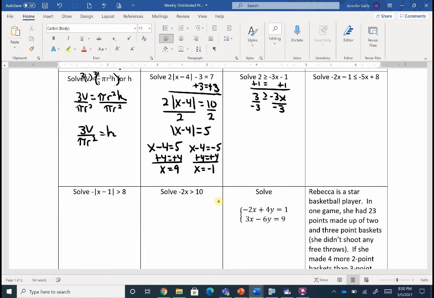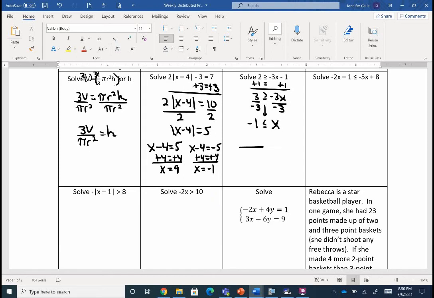The one small rule we have to remember with inequalities is that if we multiply or divide by a negative, we have to flip our inequality symbol. So I have negative 1. My greater than or equal to is going to become a less than or equal to. And then we have our x isolated over on the right-hand side.